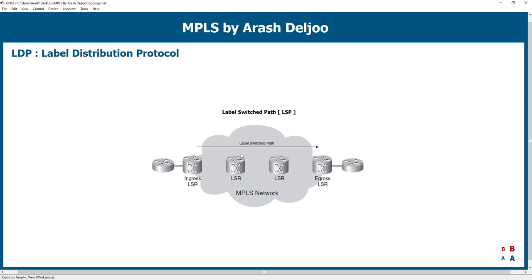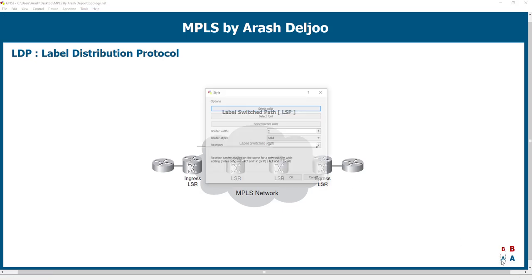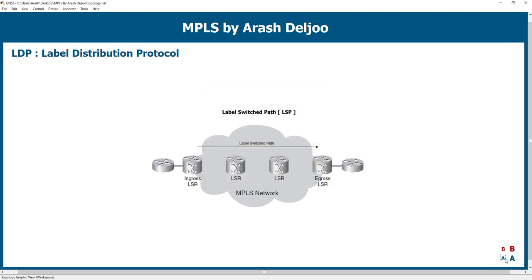Look at this picture. You can see a provider with 4 LSRs: LSR 1, 2, 3, and 4. The LSRs at the edge we call edge LSRs. We have 2 edge LSRs in this scenario and also 2 core LSRs.